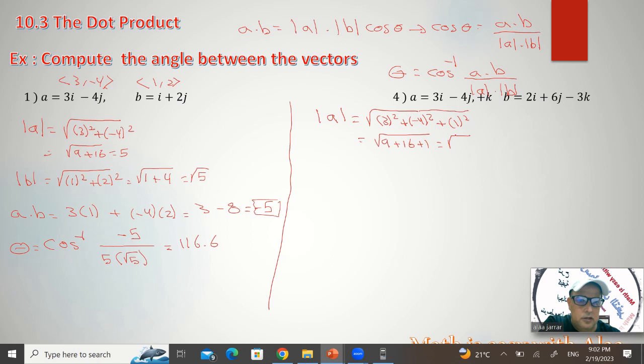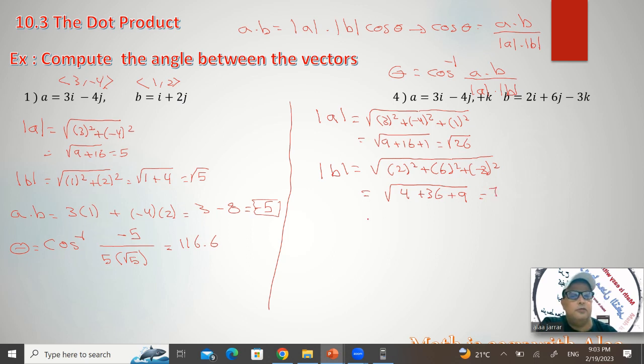It will be 26. Then the magnitude of B is 2 squared plus 6 squared plus negative 3 squared, and this is equal to 4 plus 36 plus 9. It will be 49, so it will be 7.